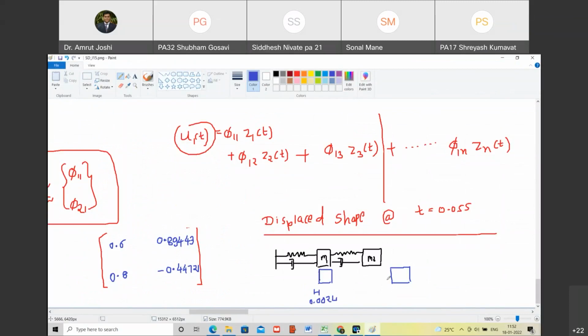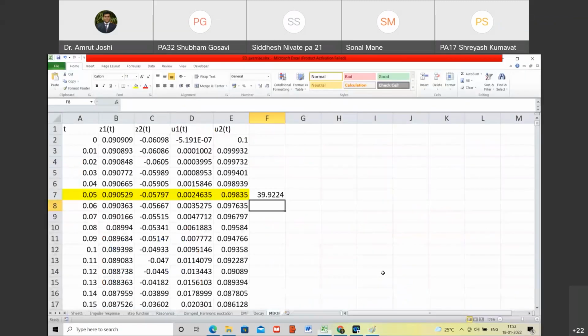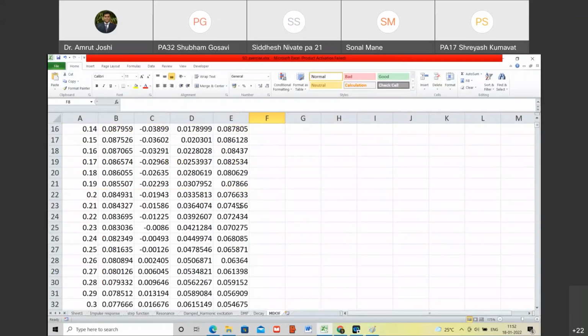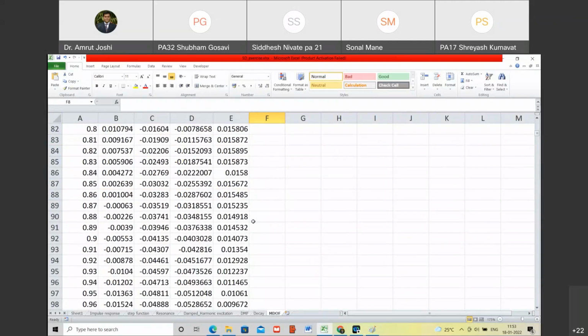Whereas the displacement of m2 of t is 40 times, and that is equal to 0.98 meter. Are you with me? Yes, sir. Are you able to understand this? Yes, sir. Okay. Now, let me draw the deformed shape at time instant 0.9. Are you with me?